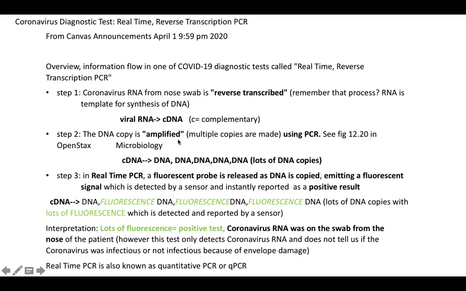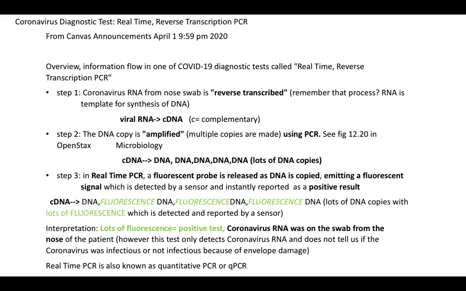And the way we're going to do this is with this amazing process called PCR, which stands for polymerase chain reaction. And in PCR, we're going to take target DNA, and remember, you guys, the cDNA now would encode information for the COVID coronavirus. We're going to use this cool heat-resistant enzyme. One of them is called Taq polymerase.